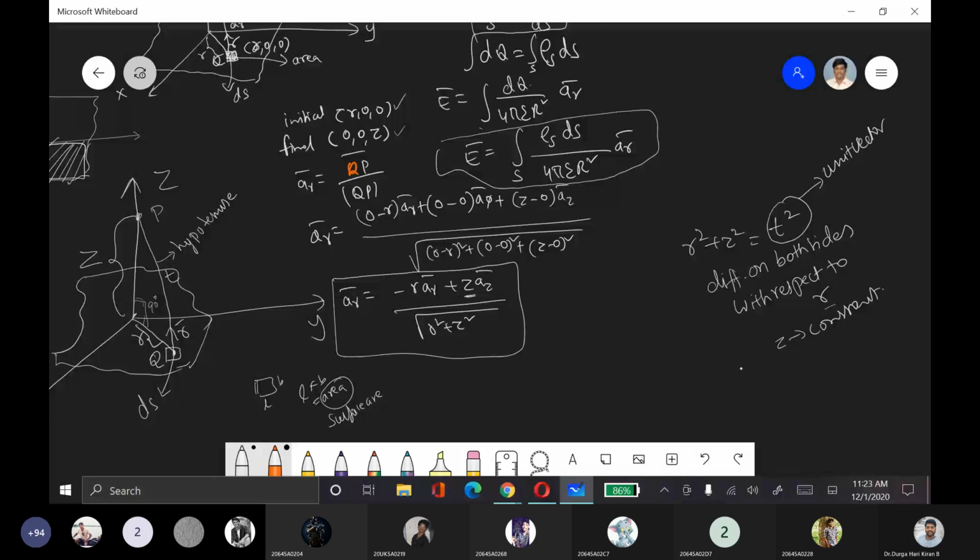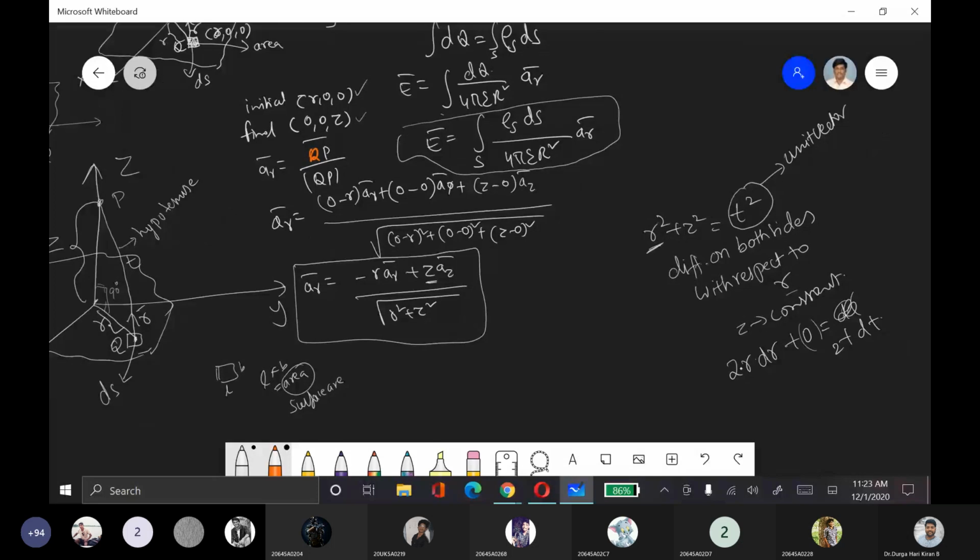So I can write 2R dr plus 0 is equal to the differentiation of this one, which is 2t dt.